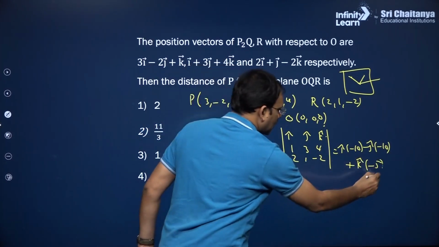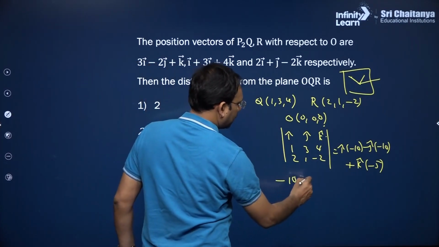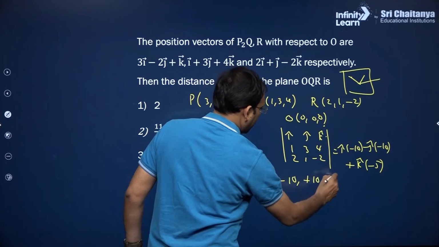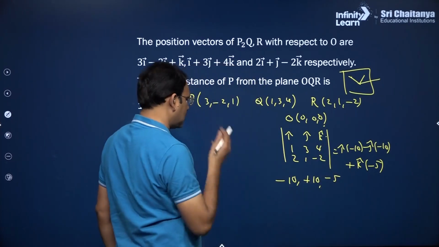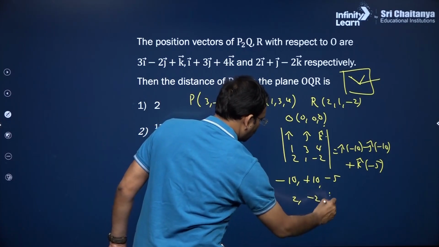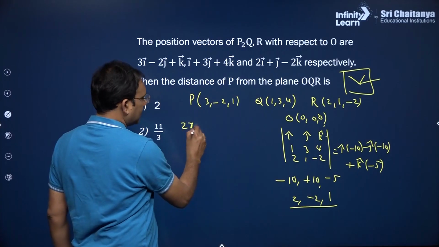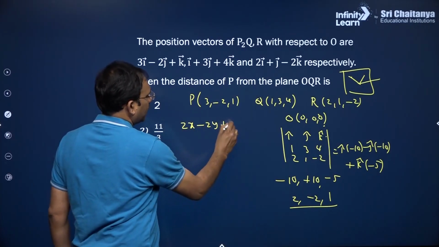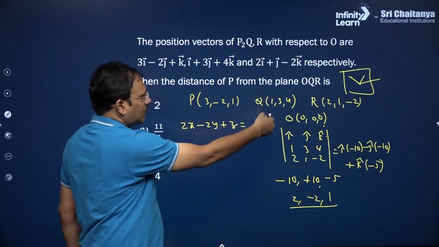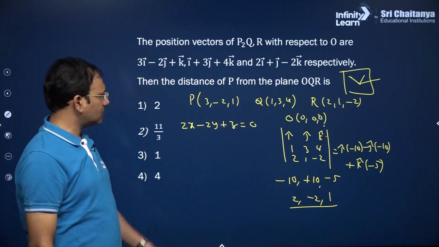So, my dear friends, you are going to get the normal vector like minus 10, 10, minus 5. That means, if you divide by minus 5, 2, minus 2, 1, these are the normal DRs. So, you can take the plane equation like 2x minus 2y plus z, and passing through one of the points, put 0 0 0, it is 0. This is the plane, my dear friends.